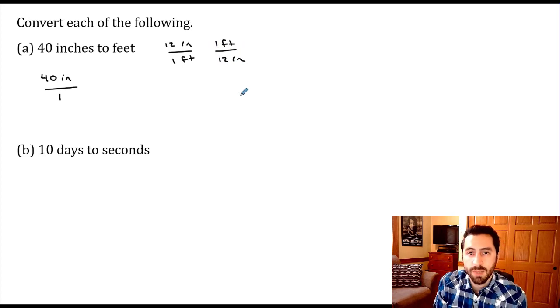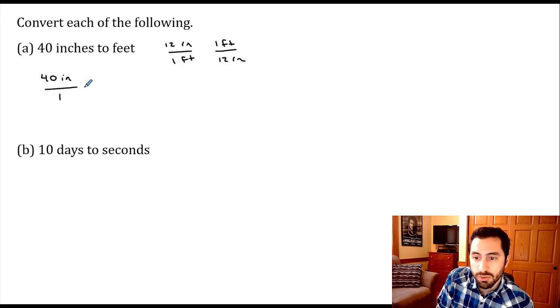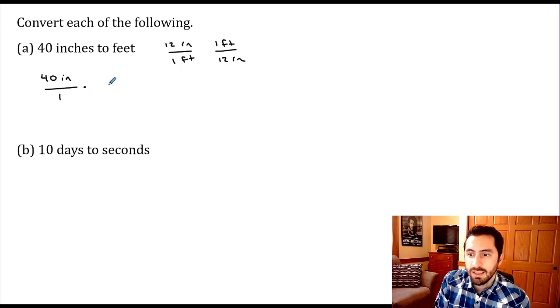One of those I'm going to use to help me convert 40 inches into feet. So we're going to multiply by one of those two unit fractions. So I need to decide which one I'm going to use. And that's where the units of measure come in. I'm going to think about the units basically like they're variables.